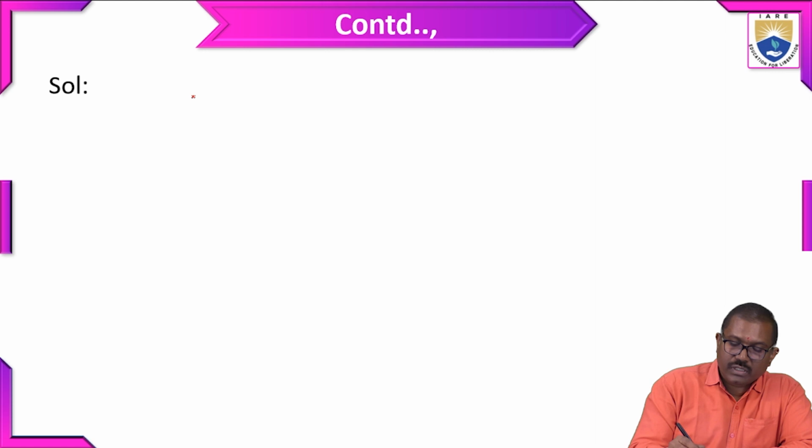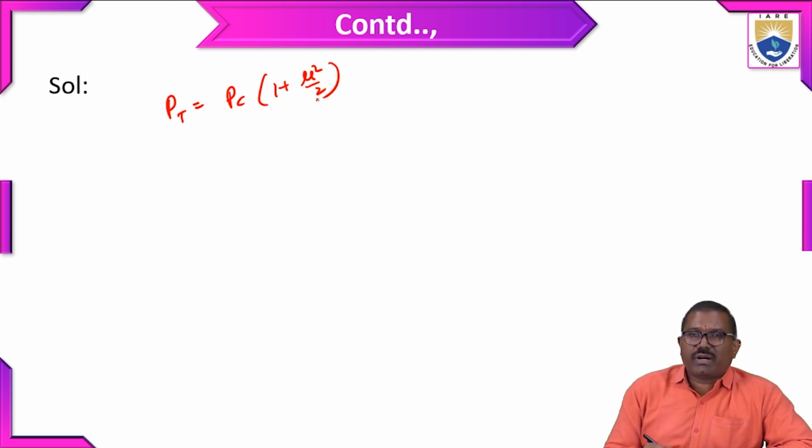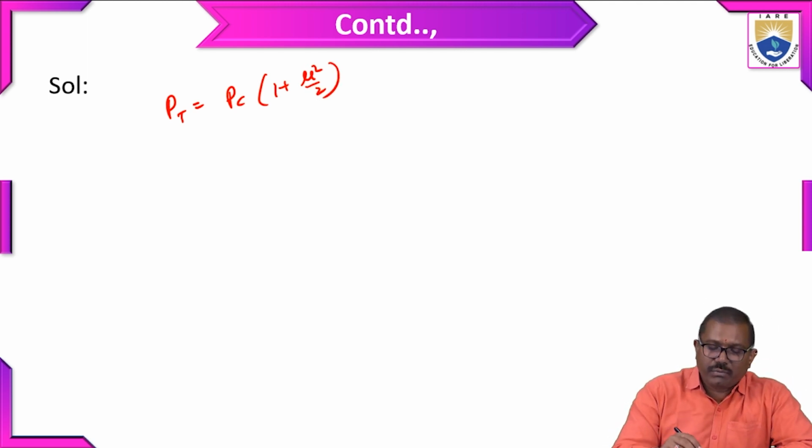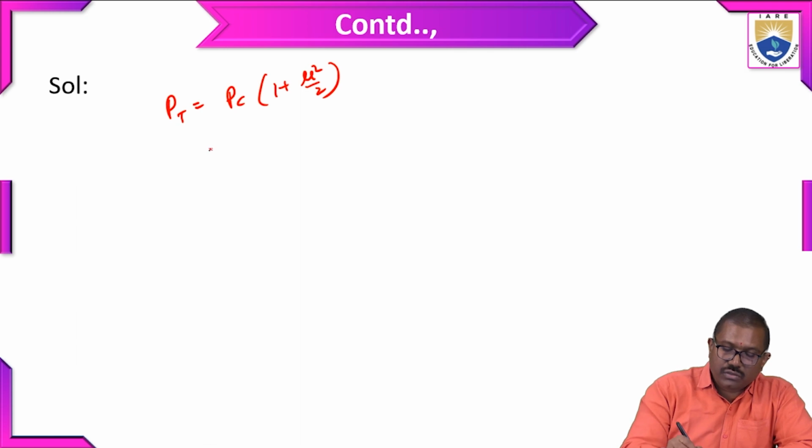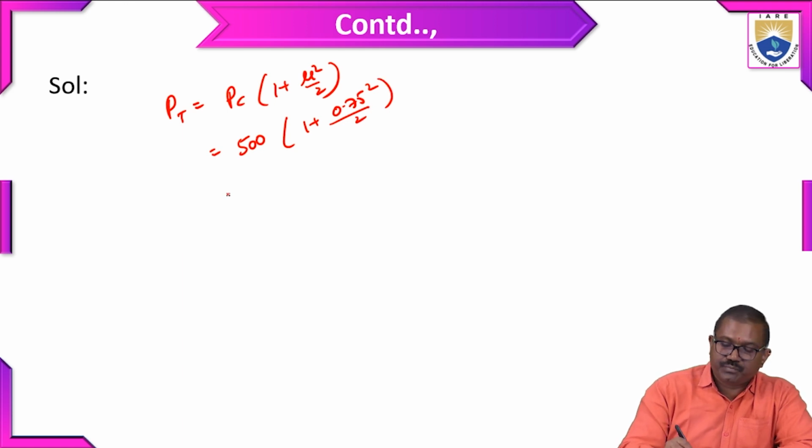So here the required formula is PT is equal to PC into 1 plus mu square by 2. So this is the required formula. In this formula, the carrier power PC is given and the mu value is given. So let us substitute to find the total power. PC is 500 watts into 1 plus mu square, 0.75 square, divided by 2.